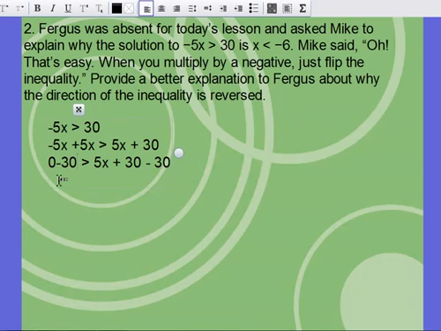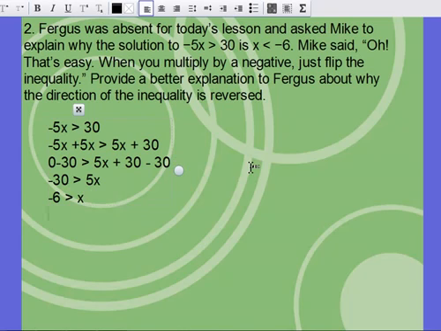Okay, 0 minus 30 will be a negative 30 is greater than 5x. And by dividing both sides by 5, I get negative 6 is greater than x. I'm sorry, not 5x, x.